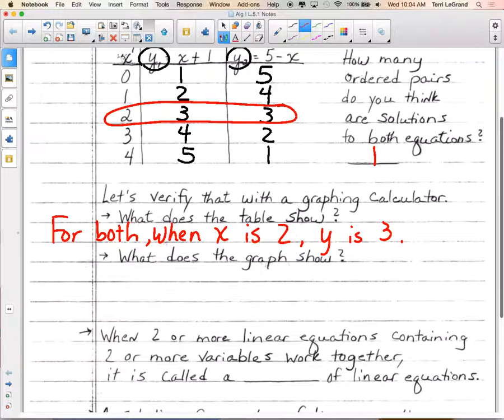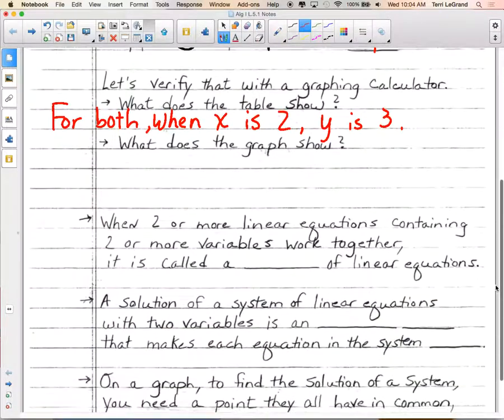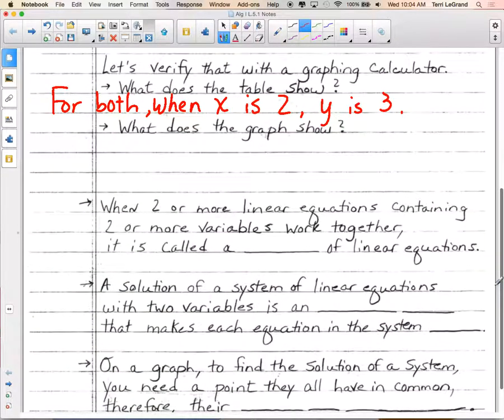I bet, and we'll do this tomorrow, but I bet these two would intersect at that particular ordered pair, if we were right. Okay, so what does the graph show? The lines intersect at ordered pair 2, 3.